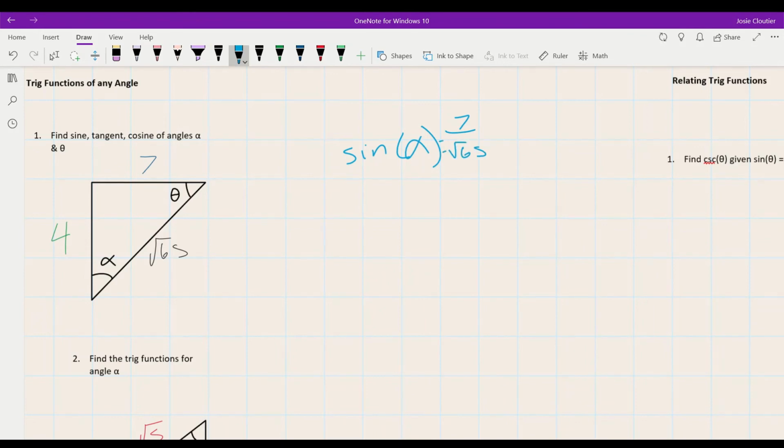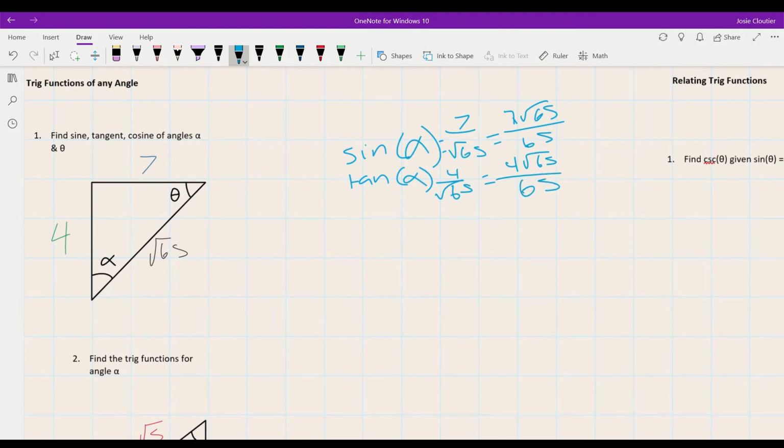But we have to rationalize, so it's going to be 7 times the square root 65 over 65. Tangent alpha is going to be 4 over square root 65. We rationalize and get 4 times the square root of 65 over 65.